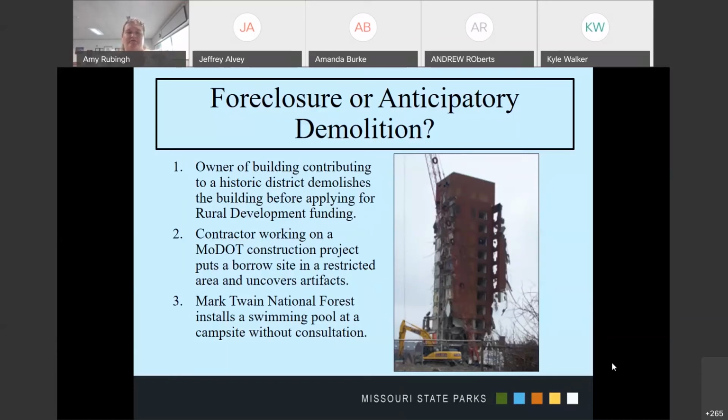Number two, a contractor working on a MoDOT construction project puts a borrow site in a restricted area and uncovers artifacts. Is that foreclosure, anticipatory demolition, or neither? And number three, the Mark Twain National Forest installs a swimming pool at a campsite without consultation. Is that foreclosure, anticipatory demolition, or neither? So we'll give it a moment, should be quick. There's only 3 questions.